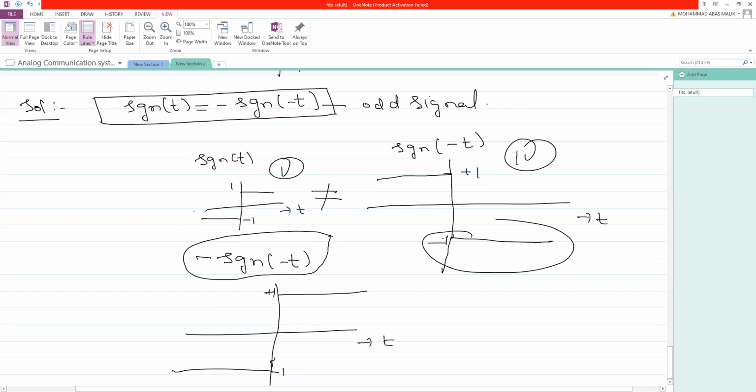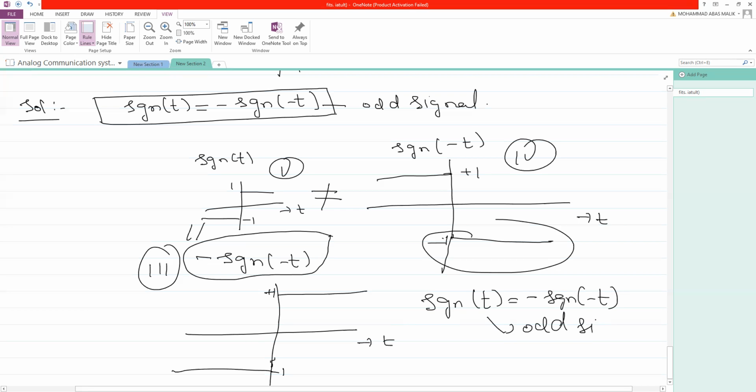Are the first graph and third graph equal? Yes, so we can conclude that signum of t is equal to minus signum of minus t. So this is an odd signal.